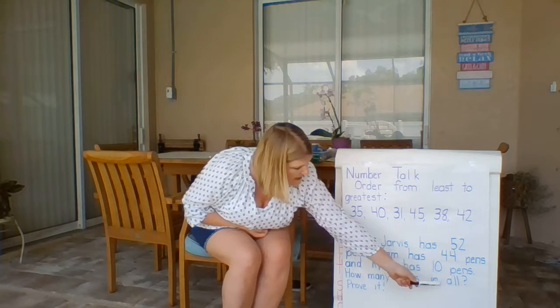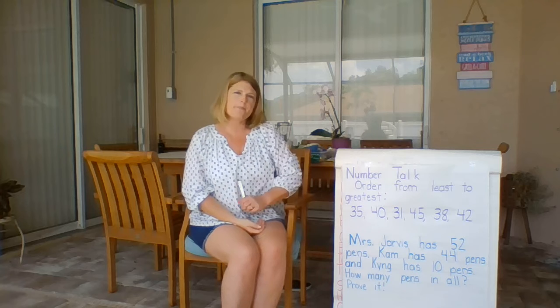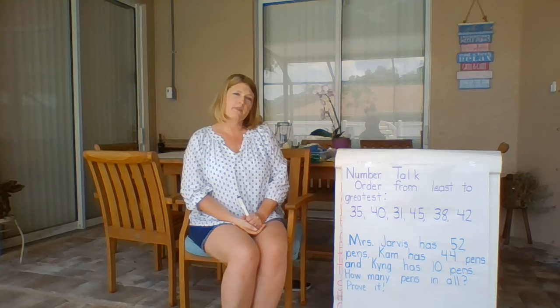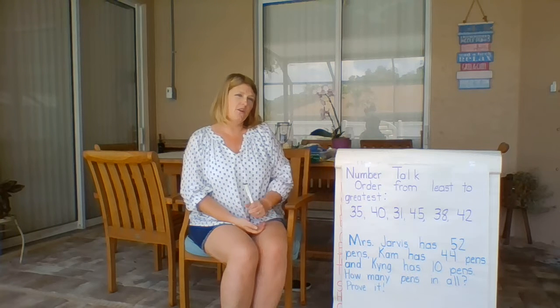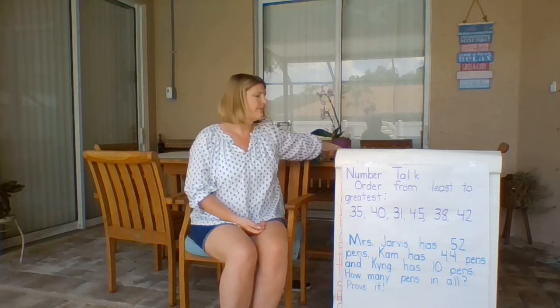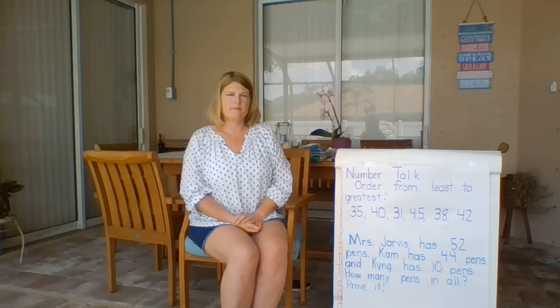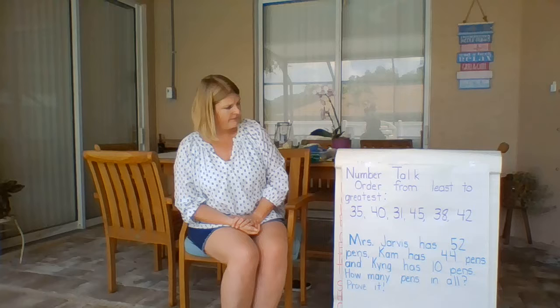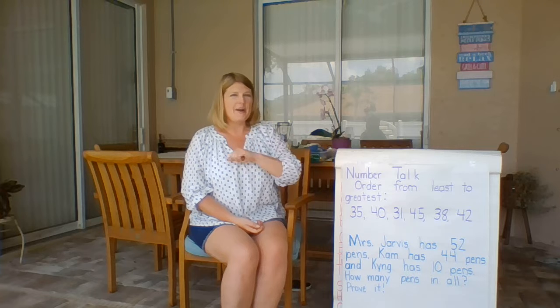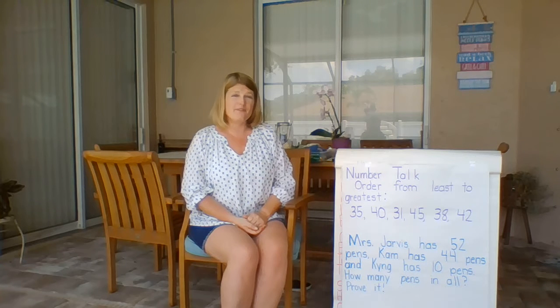How many pens in all? Prove it. Think through. What are you going to do? I like your good thinking. Go ahead and get started and prove that work to me.